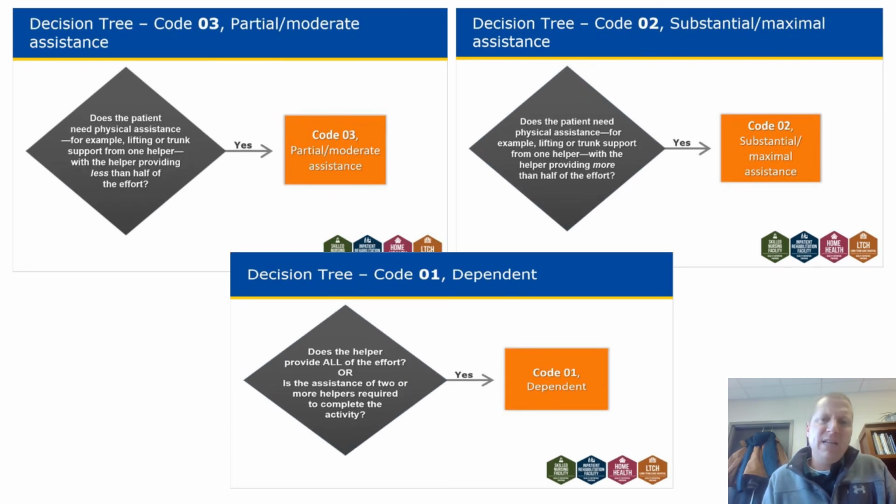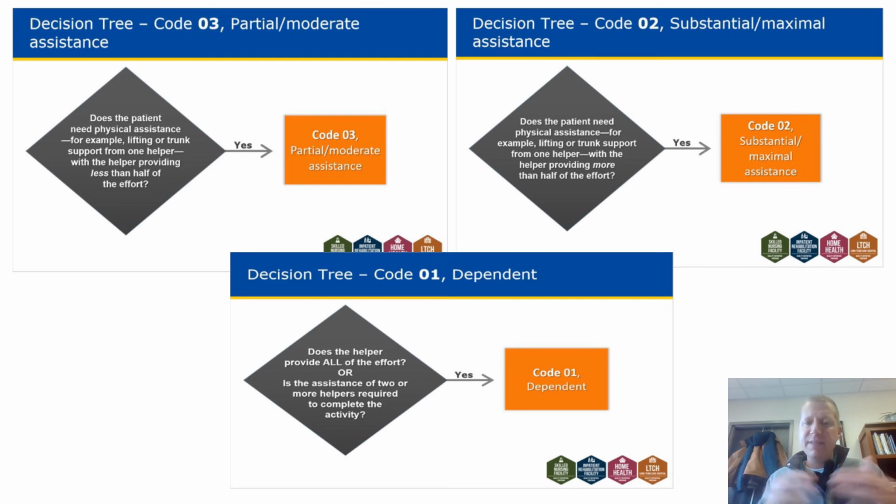So code 3 is partial or moderate assistance. So does the patient need physical assistance with a helper providing less than half of the effort? Okay, this is very important, less than half of the effort. Later on, when we go through each of the self-care items, we will add up how many tasks are in each component, and you will calculate how much physical assistance did I give them with the number of tasks that were administered.